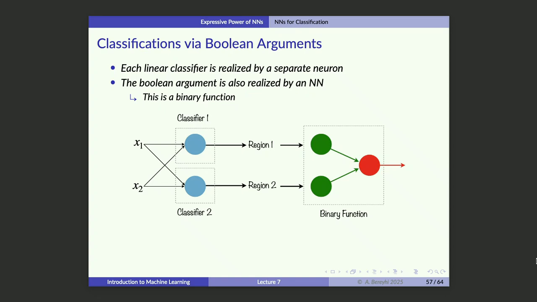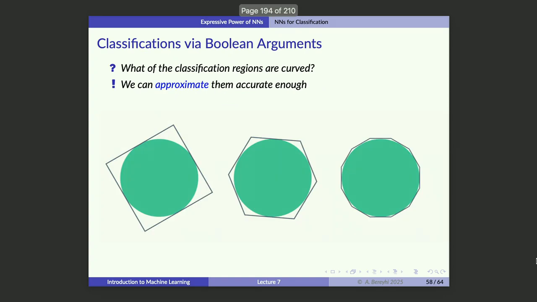Now, one thing that you might ask me is that it's not really the case because we might have some curvature, right? Not all the regions when we are doing classification are straight. It could be curvature. We want to classify within a circle. Well, we can approximate it, right? We can design a polygon, and then increase the number of edges on this polygon, and it approximates that curved area very well, right?